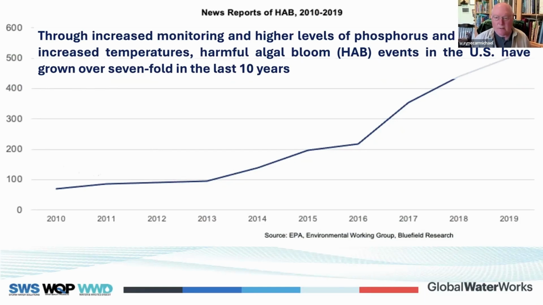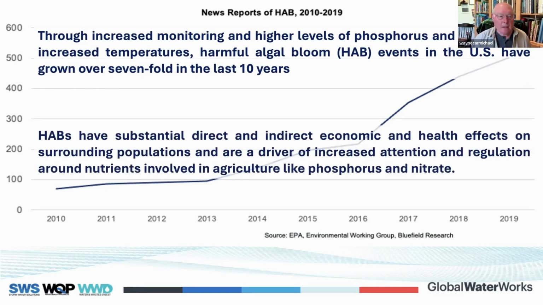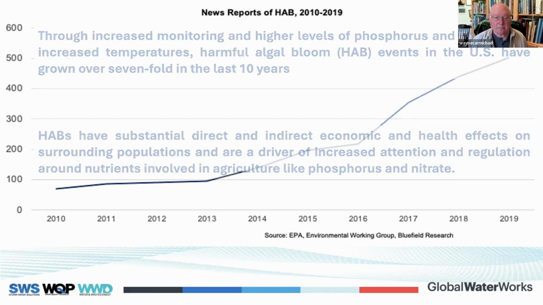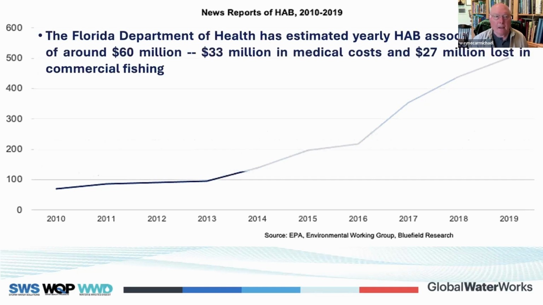And this is a conservative number in reality. So these HABs have substantial direct and indirect economic and health effects, drivers of increased attention and regulation around nutrients, especially from agriculture, so phosphorus and nitrogen.